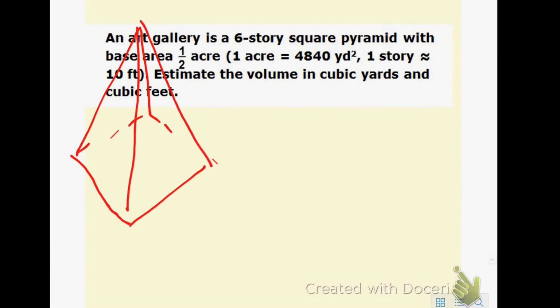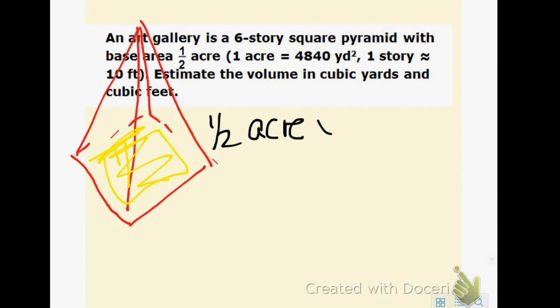I know that this whole area of the base is half an acre.